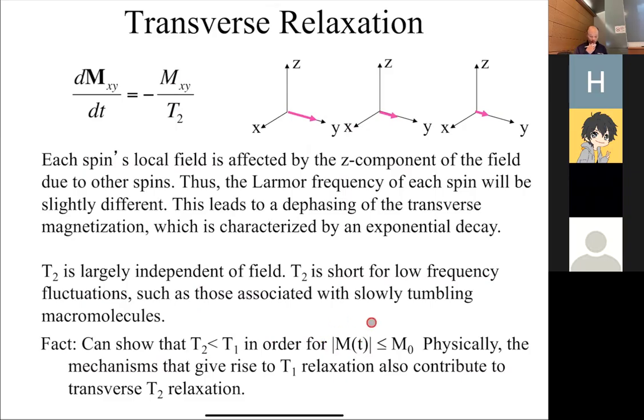Physically they share some of the same mechanisms, which we'll talk about later, but they're not exactly the same. There's some overlap in what causes them, but each is sensitive to different qualities, which allows us to use both T1 and T2 to differentiate different tissues or different disease states.